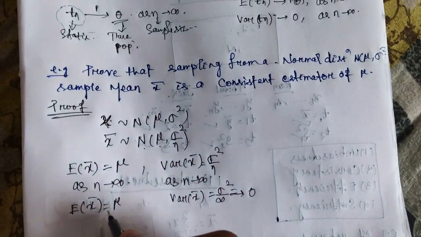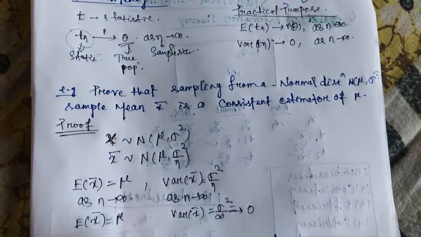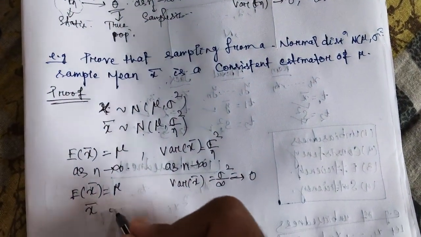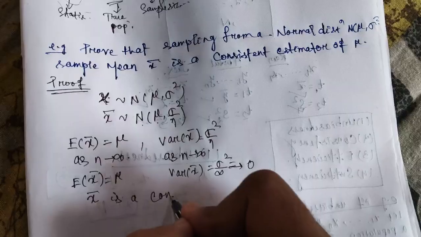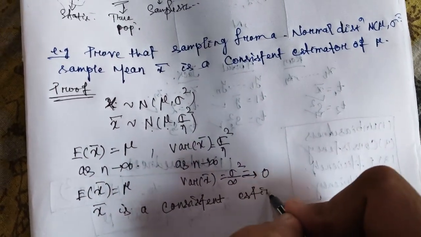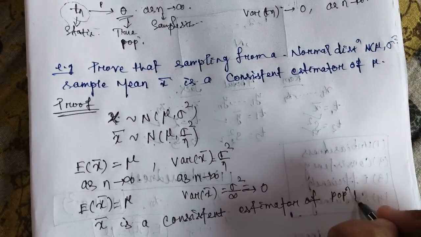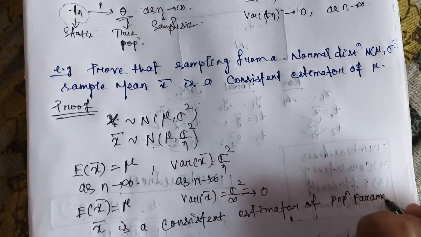So this satisfies the property of consistency. So we can say X bar is a consistent estimator of the population parameter mu.